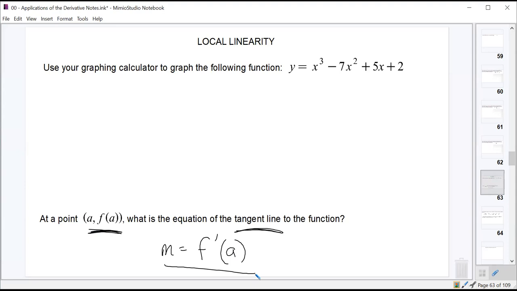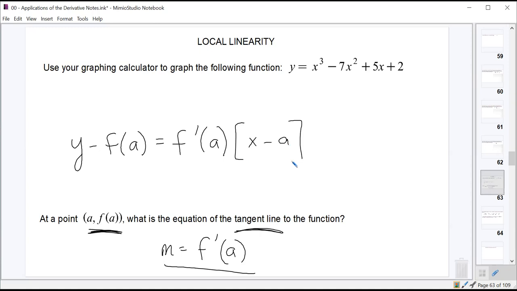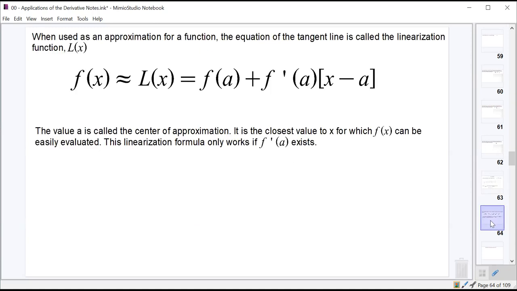So using point-slope form, it'd be y minus the y value, which is f of a, equals our slope, which is f prime of a, times x minus the x value, which is just a. That's what we've got in point-slope form. If we were to look at just what y equaled, we could add that f of a over to the other side of our equation, and we'd end up with this equation, which I've called capital L of x.